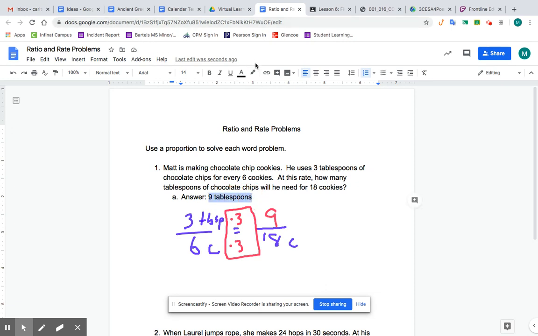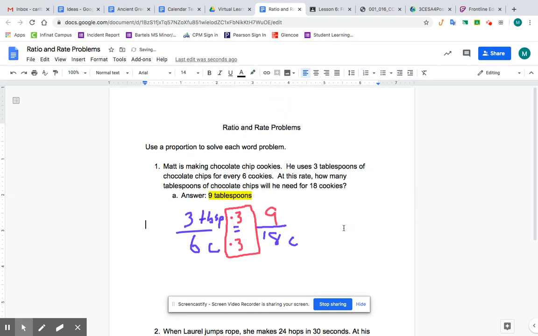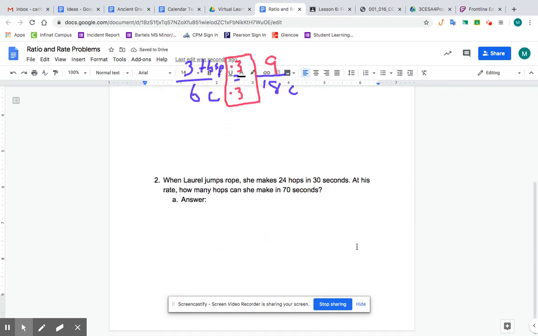Taking a look at question number 2 now. When Laurel jumps rope, she makes 24 hops in 30 seconds. At this rate, how many hops can she make in 70 seconds? So if I get to making my proportion, I'm going to do 24.